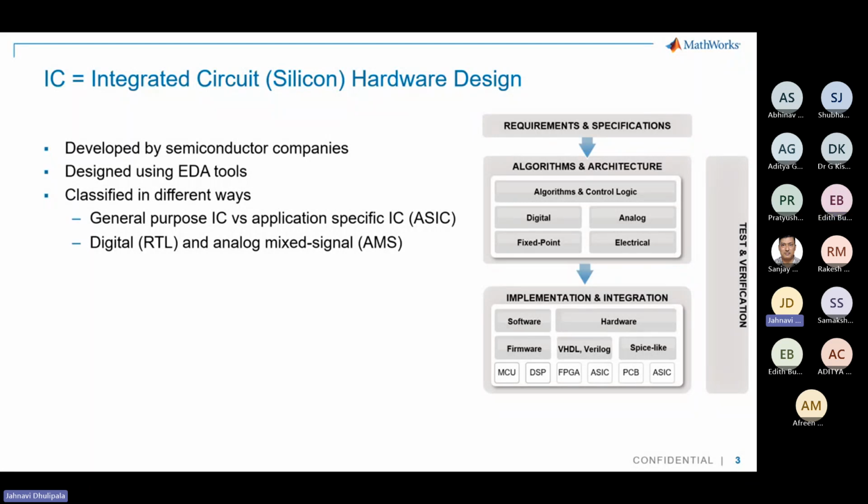Before getting into the optimization, let's look at how a traditional design workflow is done, like how integrated circuits are designed. These integrated circuits are being developed by semiconductor companies. They get started with the spec, and then they go with the algorithmic or architectural exploration, either a digital design or an analog design and mixed signal modeling.